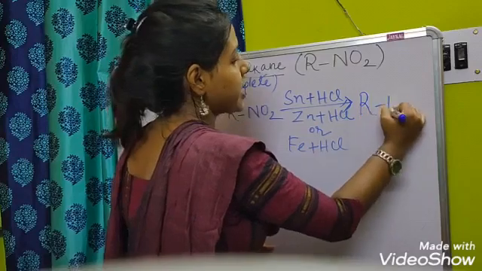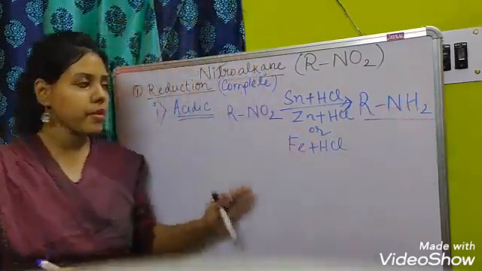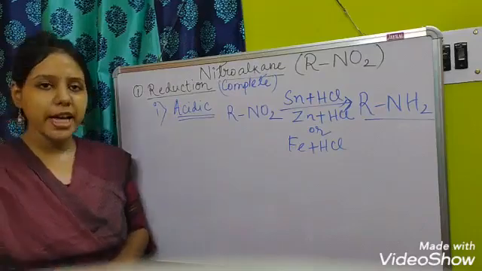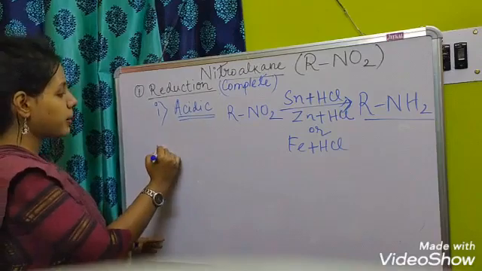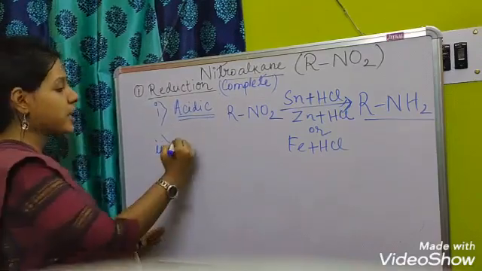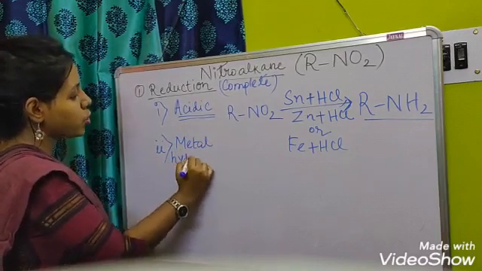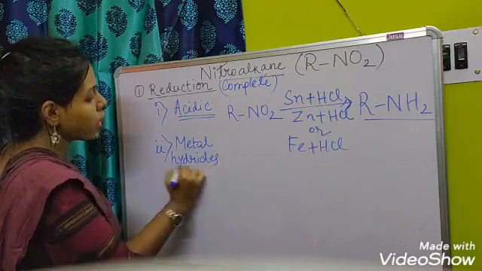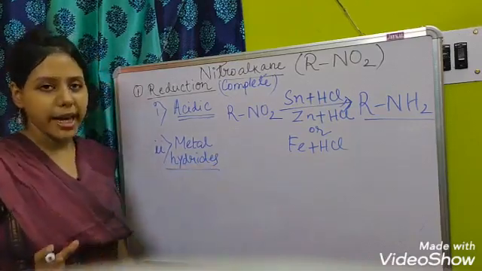Because the medium is acidic, what will we get? We will get primary amines. Okay, so there will be the formation of primary amine. This was the first procedure. Now the next one, when we are using metal hydrides. Metal hydrides are also used in several cases for reduction, just like lithium aluminium hydride.